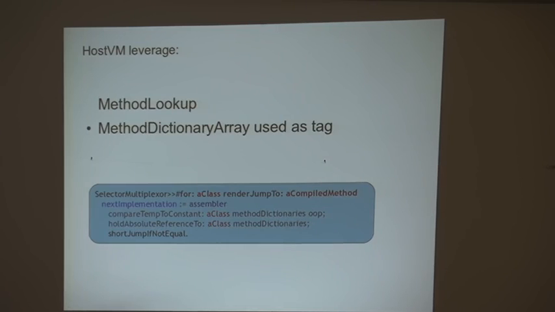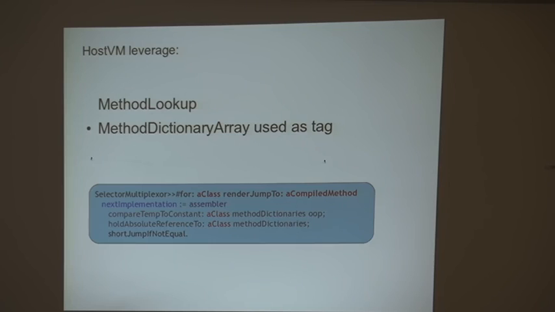Also, we leverage on method lookup. Every object has a method dictionary array, and so this is for the selector multiplexer, which is like a static polymorphic inline cache.